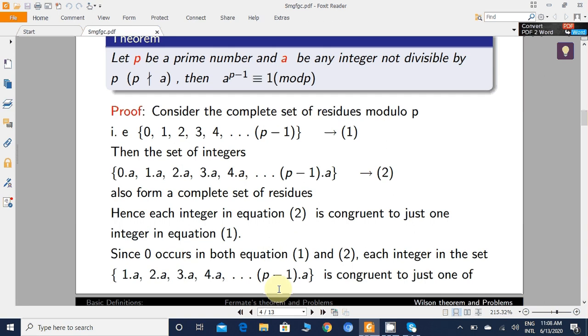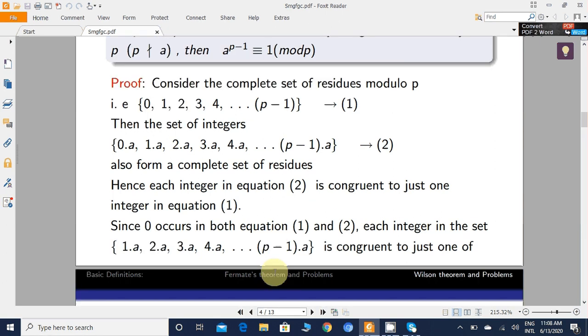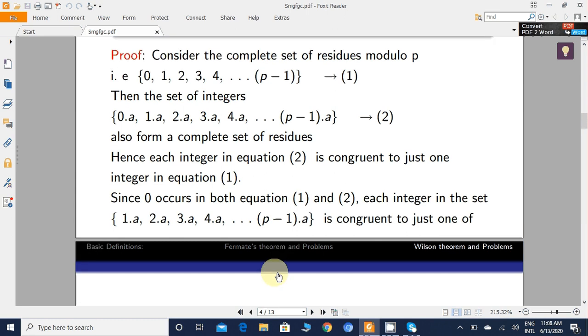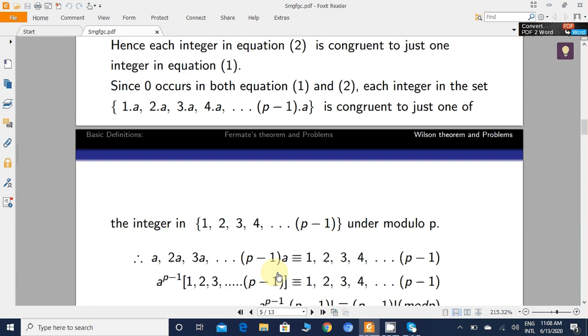Since 0 occurs in both equation 1 and 2, we cancel 0 in equation 1 as well as in equation 2. The remaining set 1 into A, 2 into A, etc., P minus 1 into A is congruent to just one of the integers 1, 2, etc., P minus 1 under modulo P.